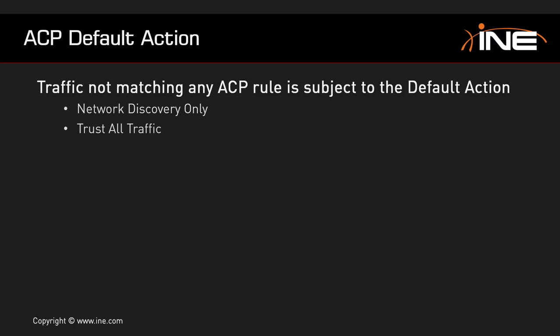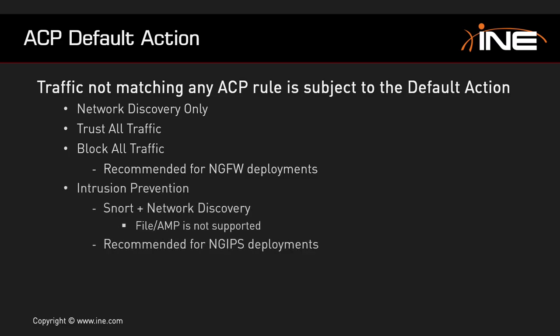We can allow the communication. We can block the traffic, which is what you will normally select if you plan to go for next generation firewall deployments. Or you can finally say do intrusion prevention, which is not necessarily to block. It means use a next generation IPS to determine whether we want to allow the packet or not.